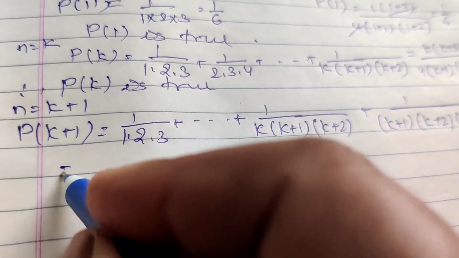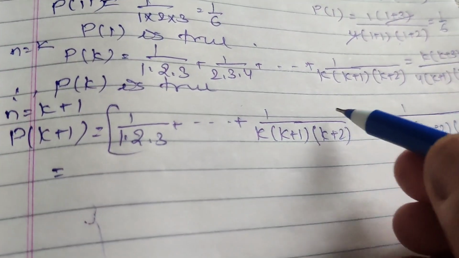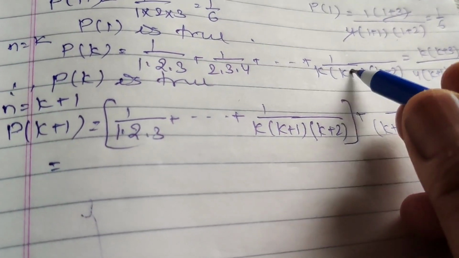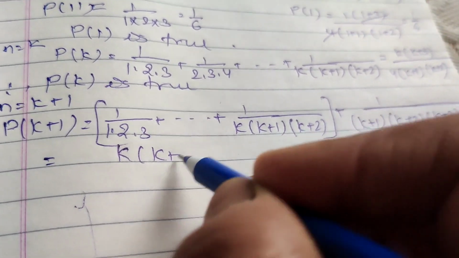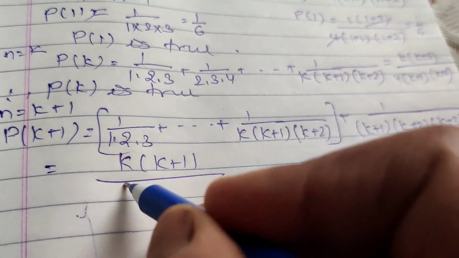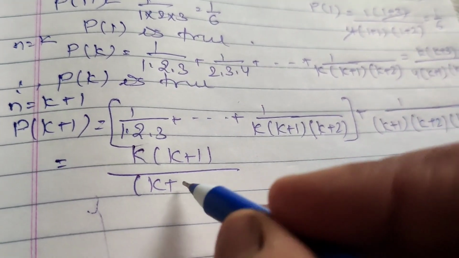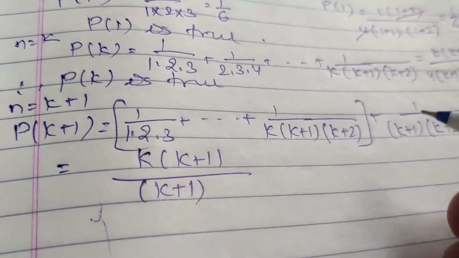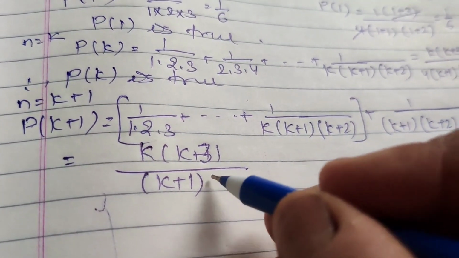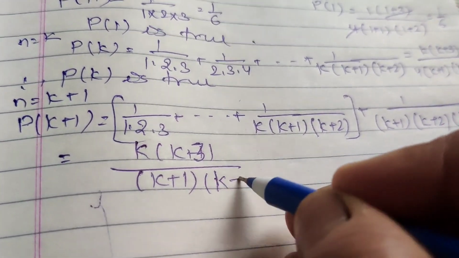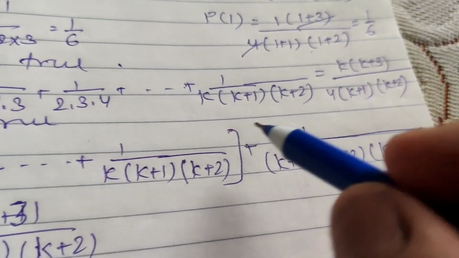The sum of the series up to the kth term is given in the above equation: k into (k plus 3) by 4 into (k plus 1) into (k plus 2).